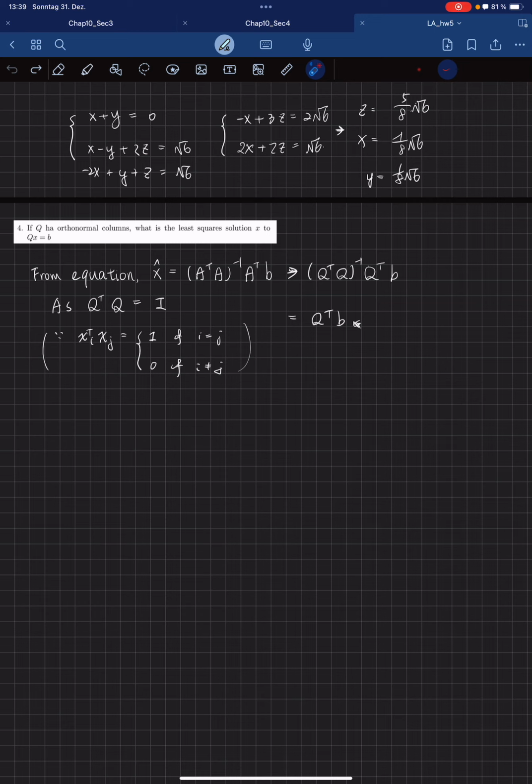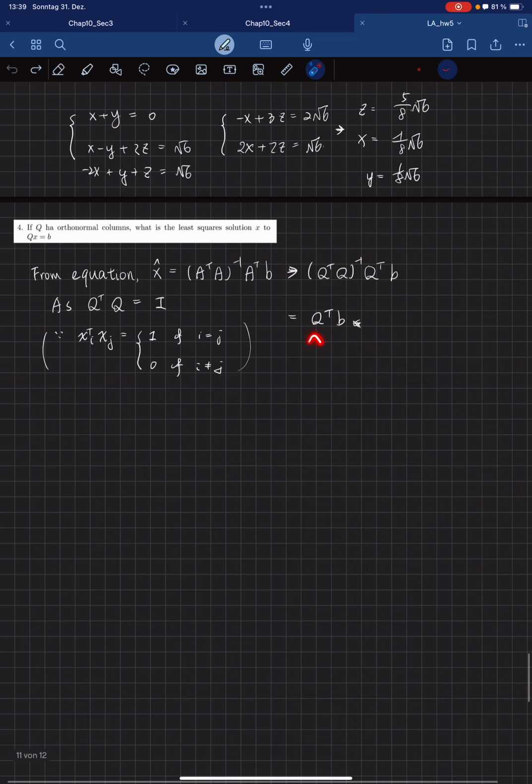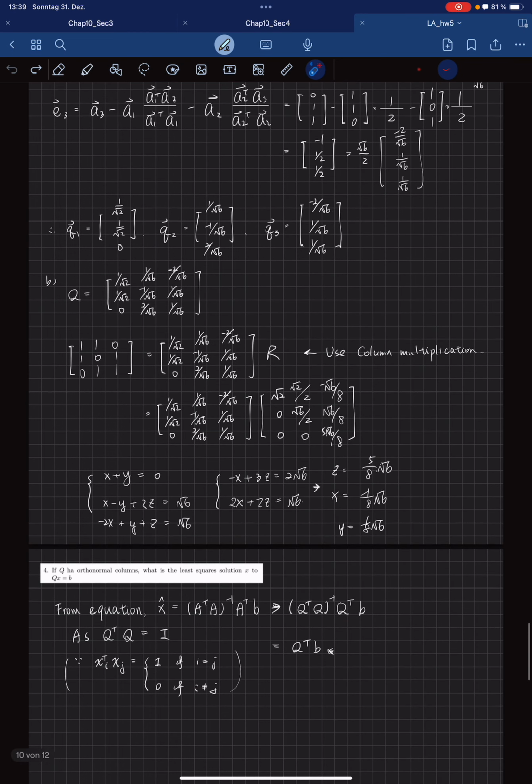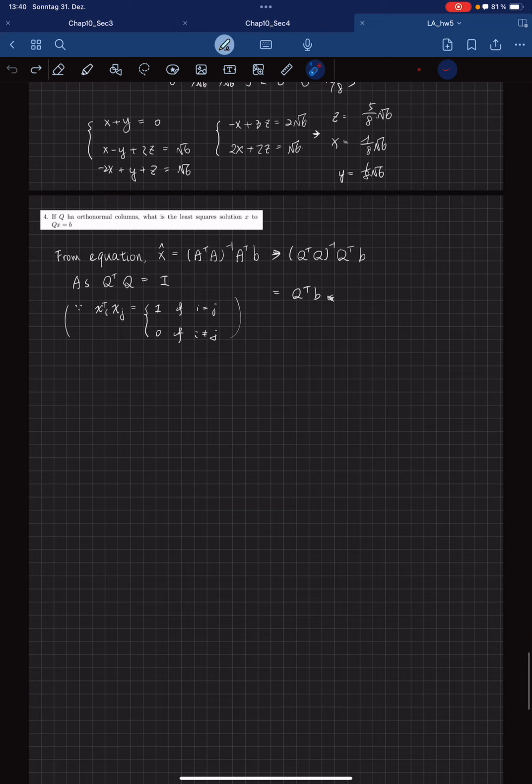So this equation will be greatly simplified to our Q transpose B. That is the significance of Gram-Schmidt reduction and our Q. So that's all for this lesson, and I hope that through these explanations you have a firmer grasp on those various concepts, and I'll see you later. Peace out.